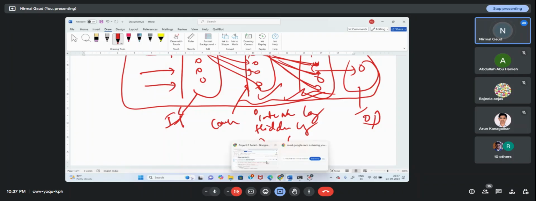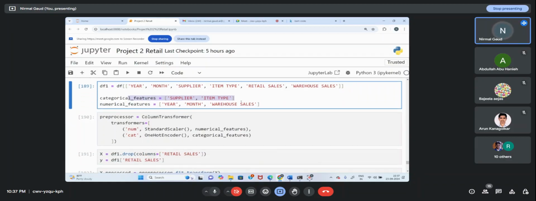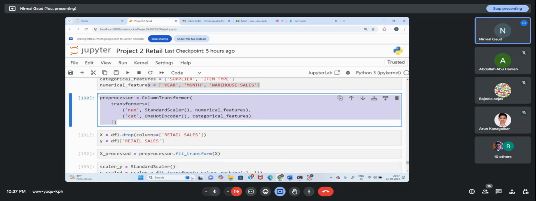Again, you took your df data frame, df1. Supplier and item are categorical, the rest are numerical. Again, the same column transformer you applied. So you converted categorical into one-hot encoding, and for the rest, numerical, you performed the scaling.